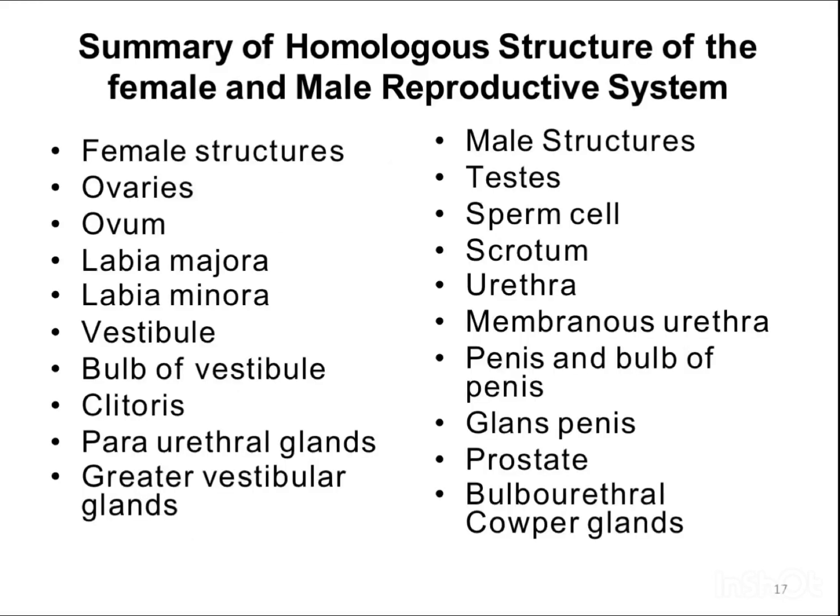Summary of homologous structures of the female and male reproductive systems. Female structures: ovaries, ovum, labia majora, labia minora, vestibule, vulva, clitoris, paraurethral glands, greater vestibular glands. Male structures: testes, sperm cell, scrotum, urethra, membranous urethra, penis and bulb of penis, glans penis, prostate, bulbourethral or Cowper's glands.